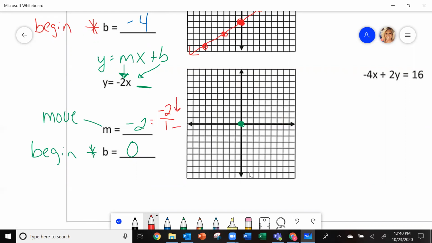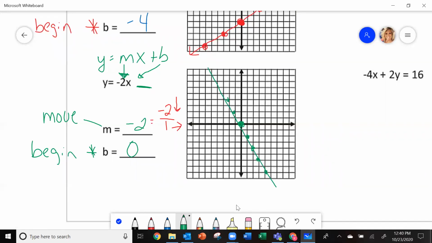The bottom number, I'm always going to start by going to the right. So let's go back to my y-intercept, and we're going to go down 2 to the right 1. Down 2 to the right 1. We can go backwards and go up 2 to the left 1. And then we can connect our dots.